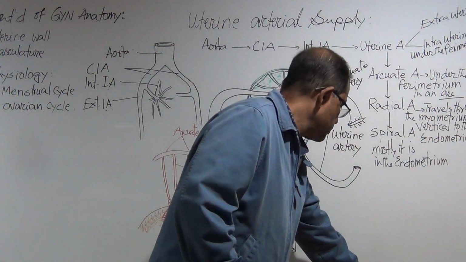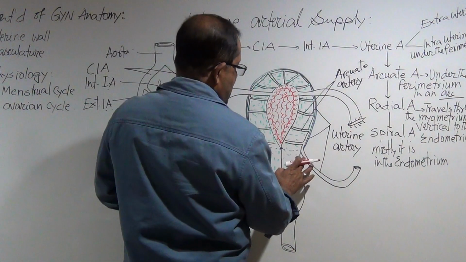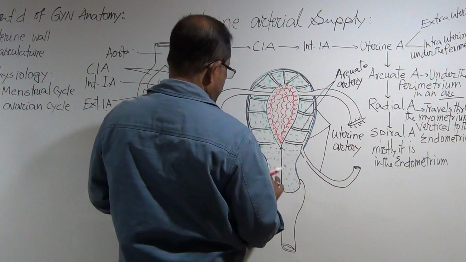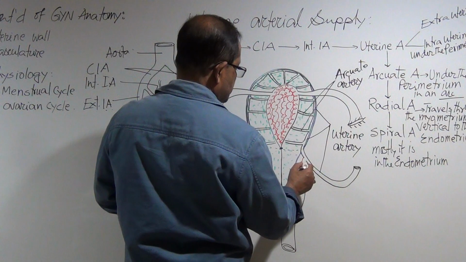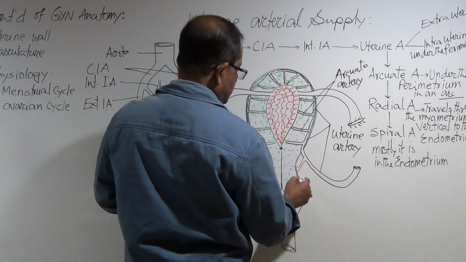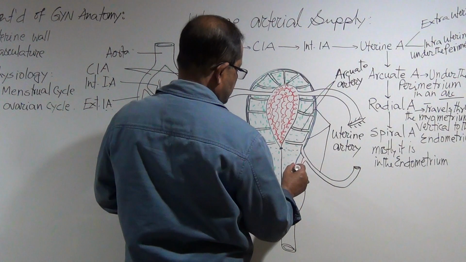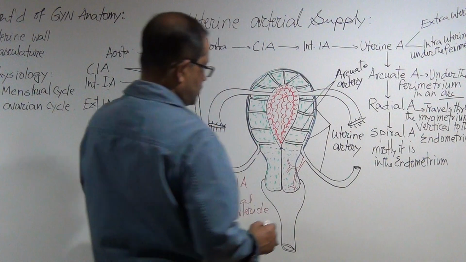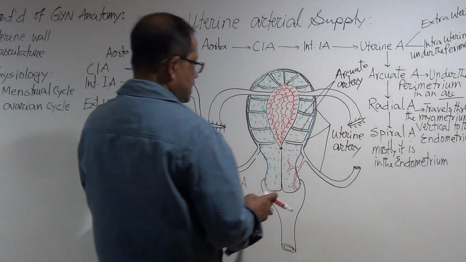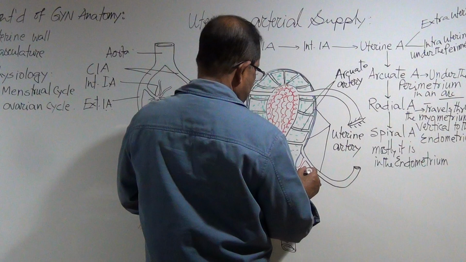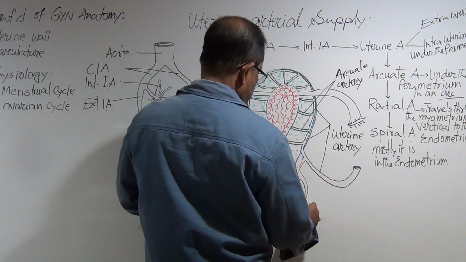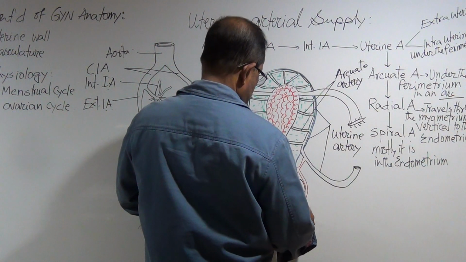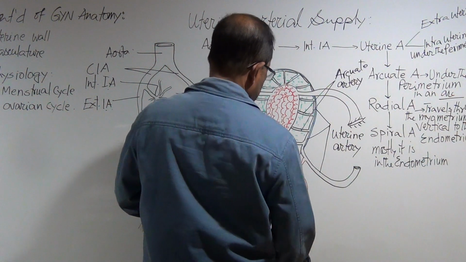Now, this uterine artery will give the blood to the cervix. Okay? From the cervical branch, it will supply the blood to the vagina too. Okay?